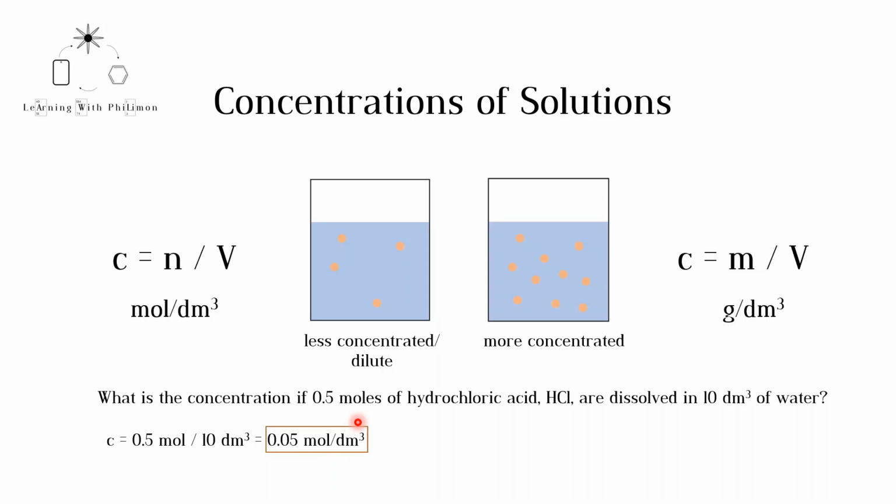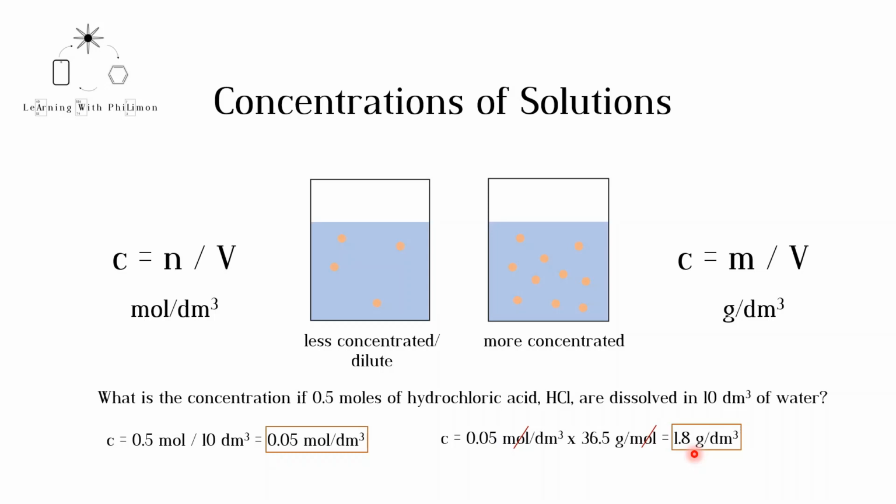If you want to write the concentration in grams per dm cubed, you must multiply by the molar mass of the chemical. The molar mass of hydrogen chloride is 36.5 grams per mole. Note that when multiplying concentration and molar mass, the units of mole cancel out. The concentration is equal to 1.8 grams per dm cubed to two significant figures.